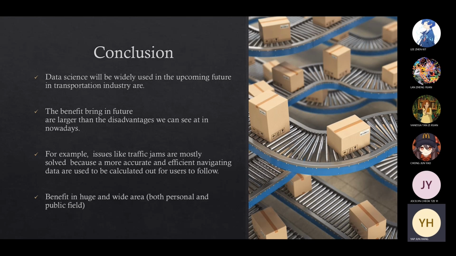The application will show us the fastest and most efficient way to arrive at our location. But nowadays, this kind of application cannot show the most accurate route because the technology is not stabilized yet. So sometimes when we use navigation and follow the rules it gives, we may meet traffic jams even though we have chosen the suggested route. These issues can be solved in the future.